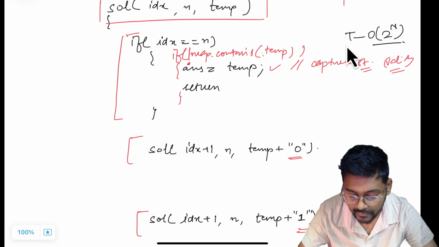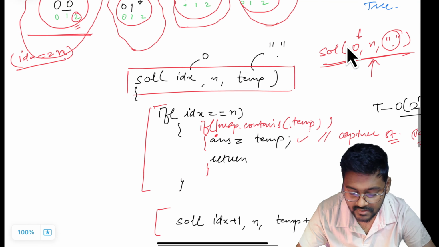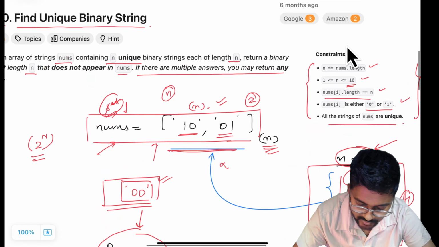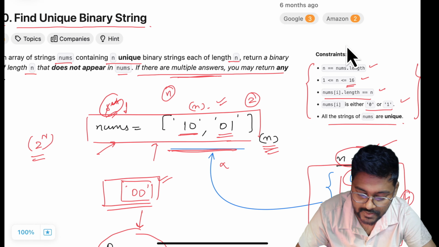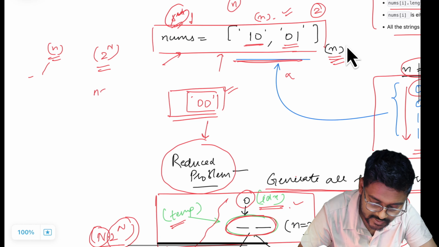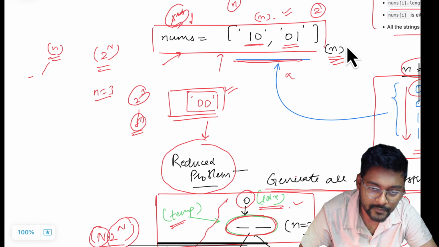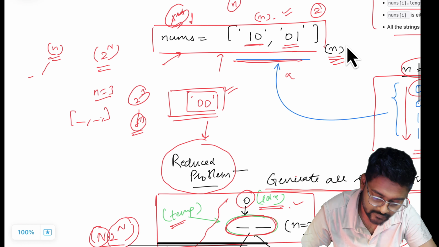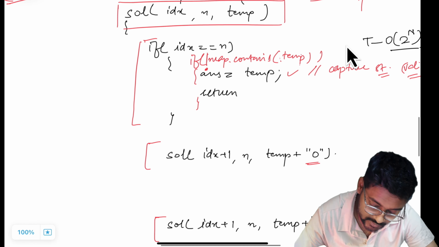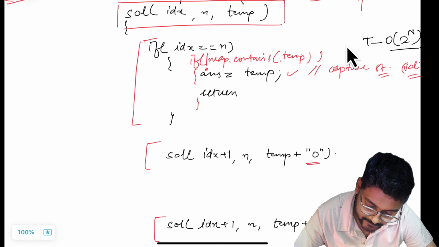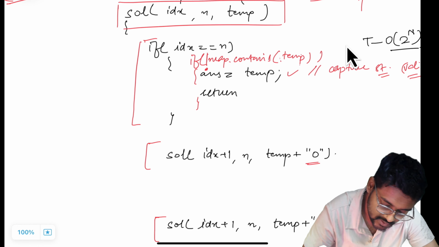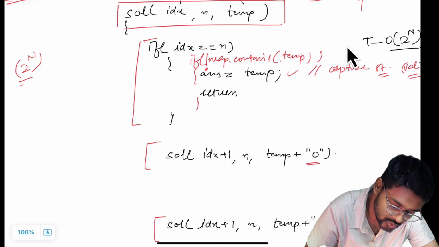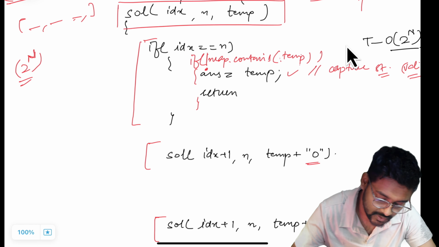But if we keep on checking all the possibilities, then it's a heavy operation, because in the problem statement there might be multiple answers. See, for n equal to 3, 2's power 3 is 8. We have 8 possible binary strings, but in the array we are definitely going to have only 3. Now if we keep on generating all the binary strings, there is no need to check 2's power n binary strings, right?